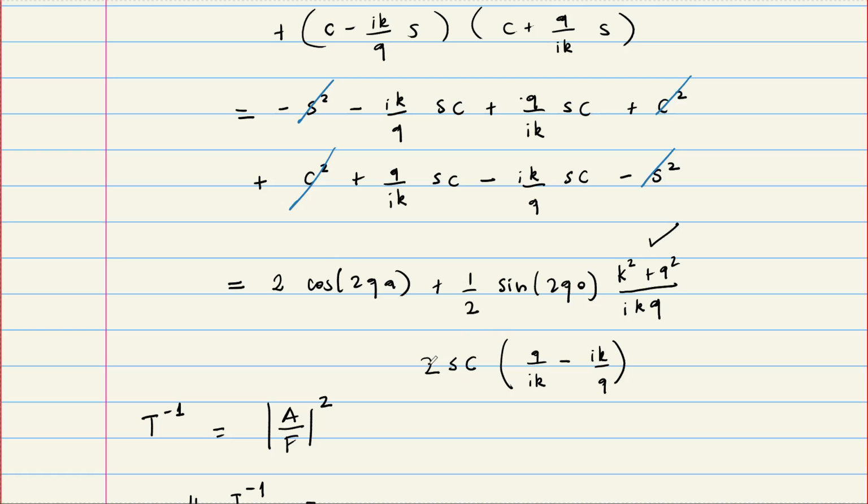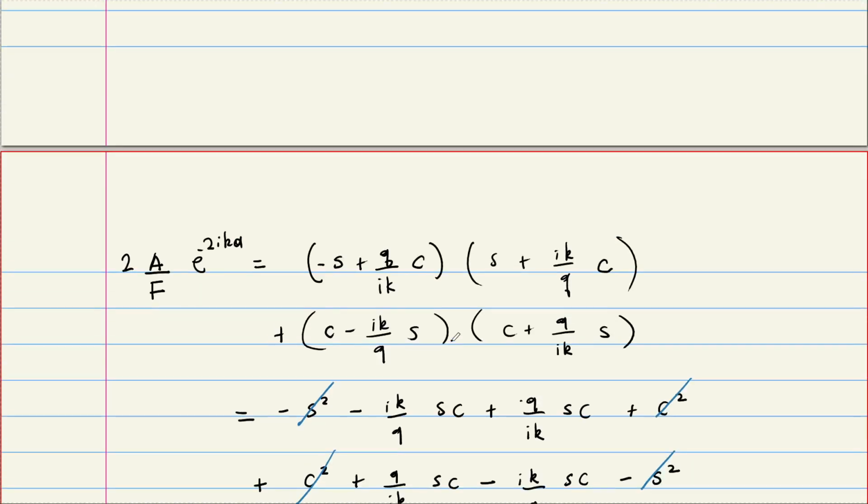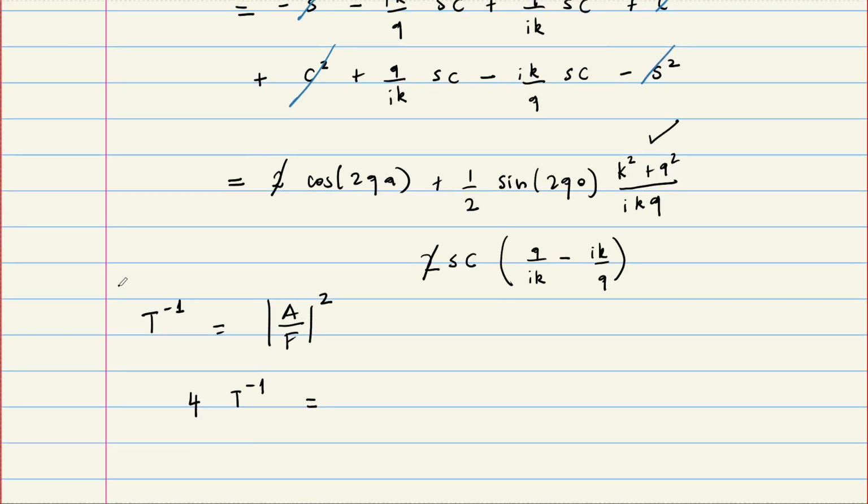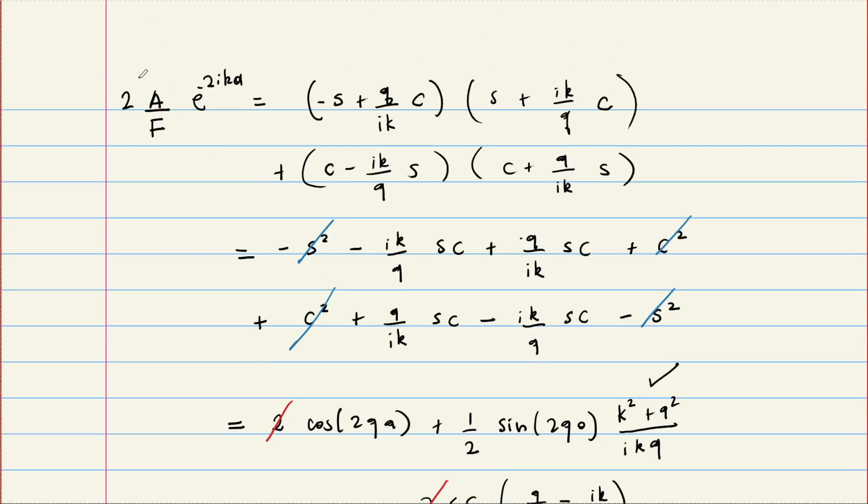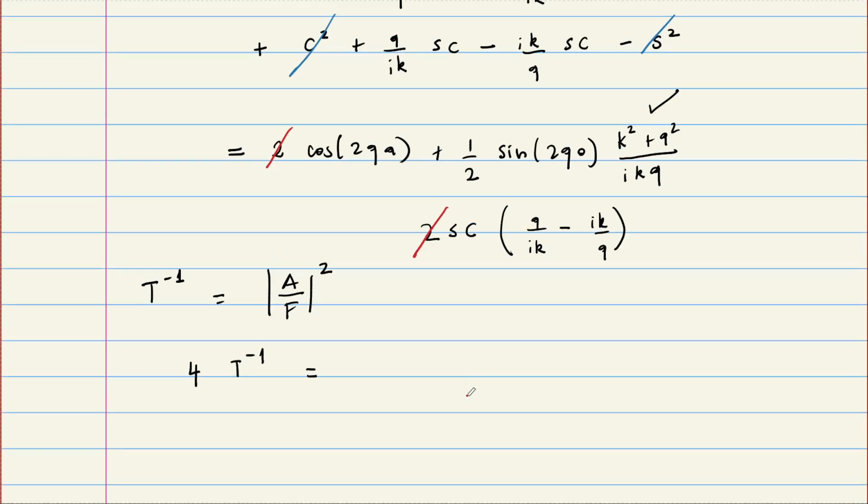And this, I think these two, and these two I'll cancel. Actually, let me do it with a different color. So this will cancel. And this thing is going to be 1/2 sine 2QA.